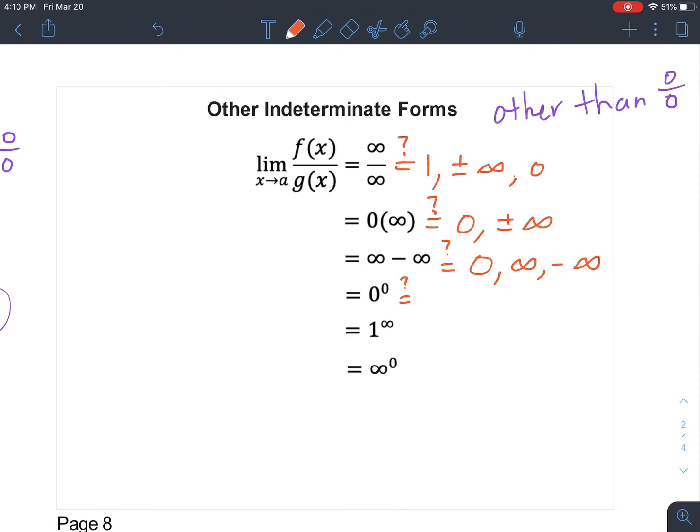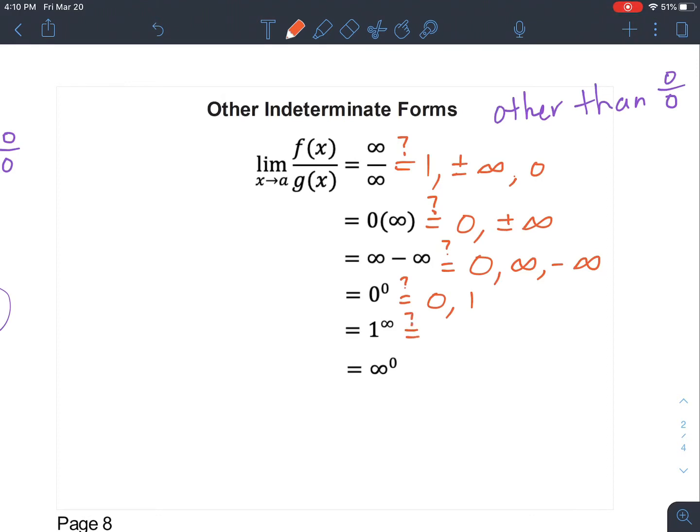0 to the 0 power. 0 to any power is supposed to be 0, but then anything to the 0 power is 1, so that one will be indeterminate. Now this next one, I've had some people, mostly students I should say, disagree with me that this counts as an indeterminate form, but it does.